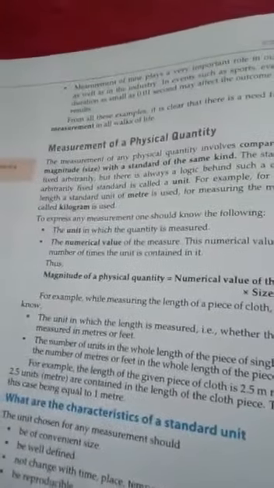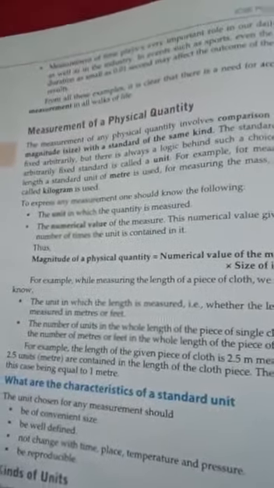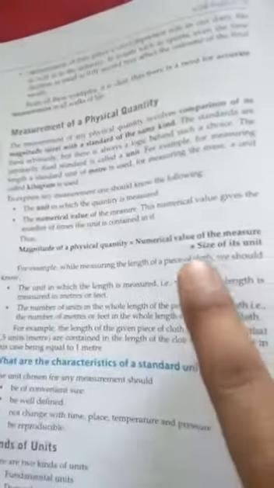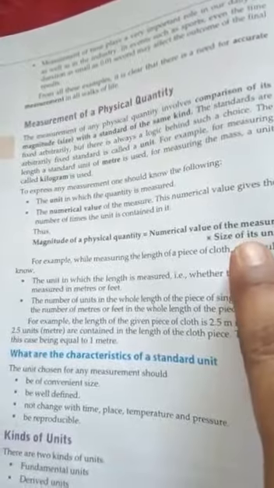When we talk about different physical quantities, we mean length, mass, time. These are the different types of physical quantities we are measuring. To measure a physical quantity, we must use the numerical value of the measure, multiplied by the size of its unit.